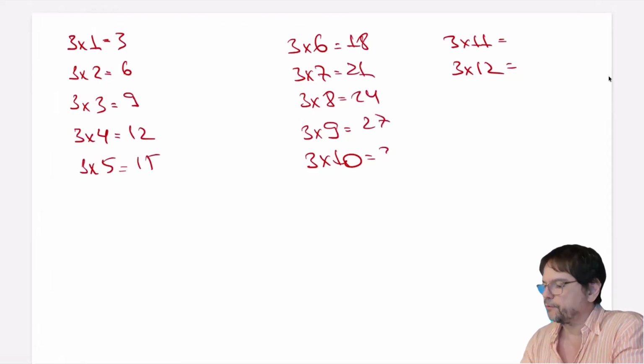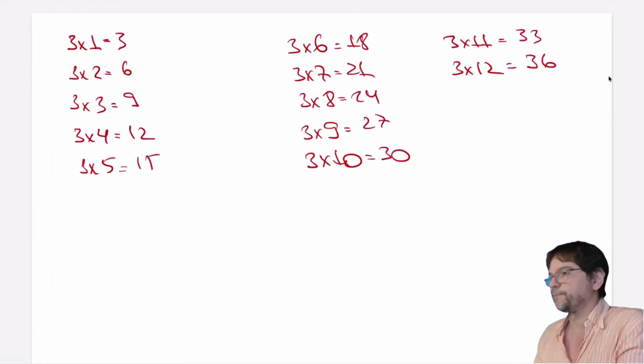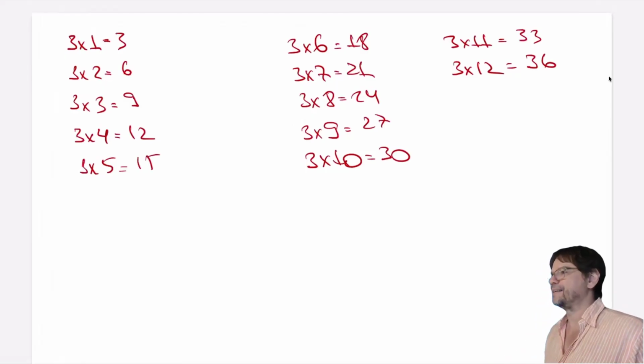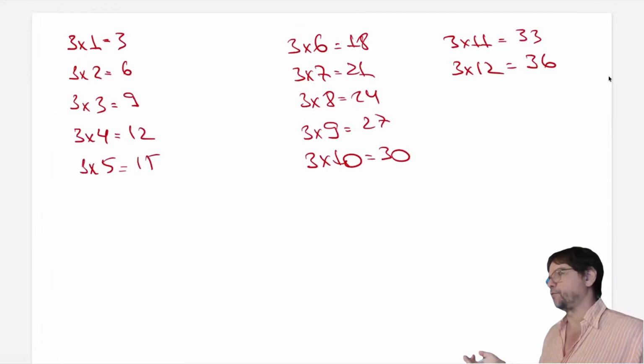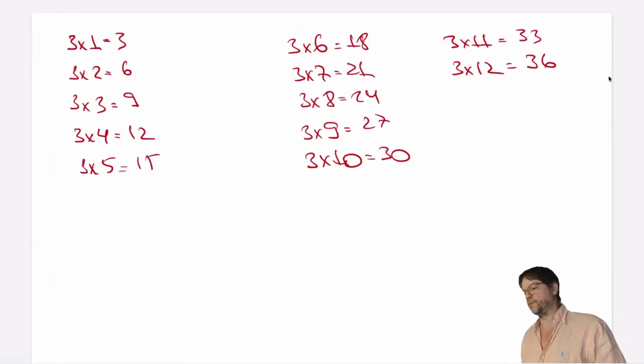30, 33, 36. Did you know that if you add the digits of any result in the multiplication of 3, the addition will be a multiple of 3? I will explain to you.